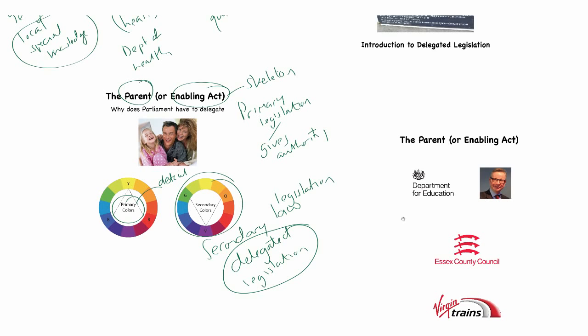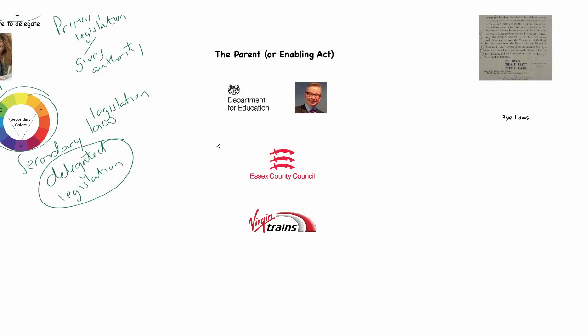Okay? So within the Parent Act, there will be a named department, an authority, a minister. So in this case, the department might be the Education Department. And the minister, of course, this is Mr. Gove.